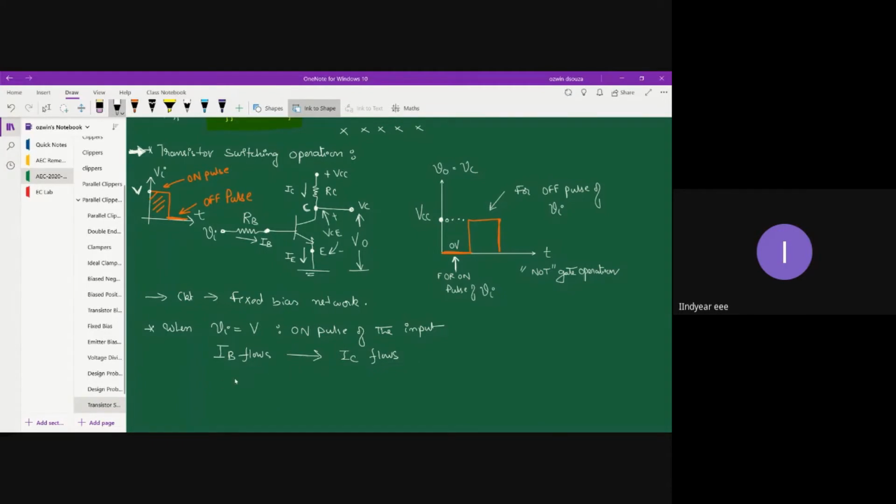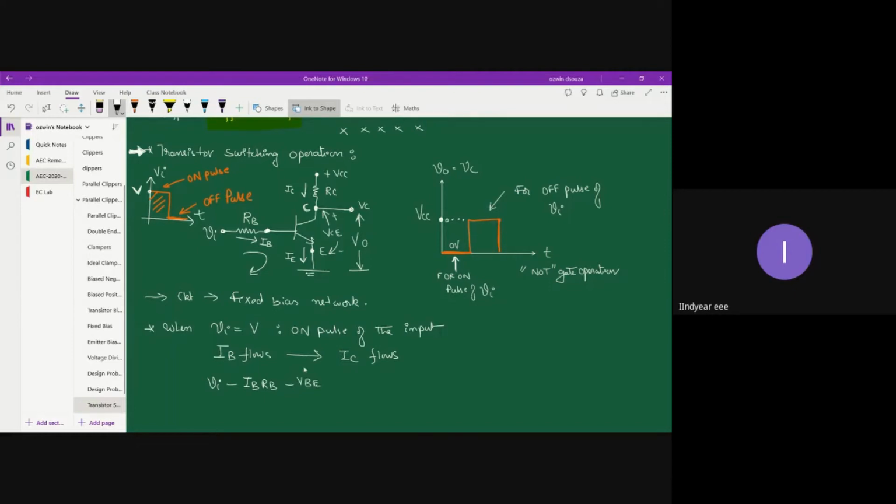Now you can apply simple Kirchhoff's voltage analysis to find out the magnitude of base current. You can just apply KVL in the clockwise direction. So basically, you can write Vi minus IB into RB minus VBE.